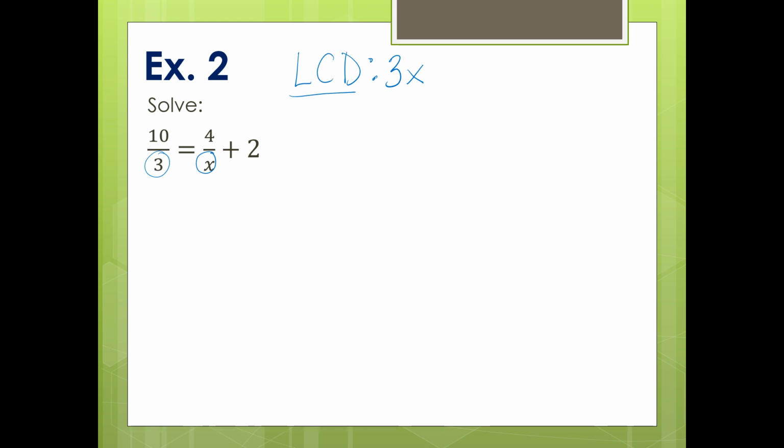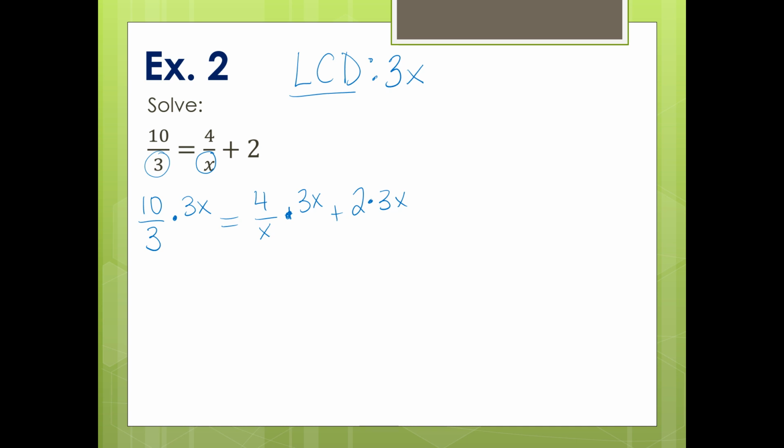So we're doing 10 over 3. Again, we're multiplying by that LCD, 3x. That's going to equal 4 over x times 3x plus 2 times 3x. Literally every single term, if there's 20 terms, I have to multiply every single one of them by this least common denominator.